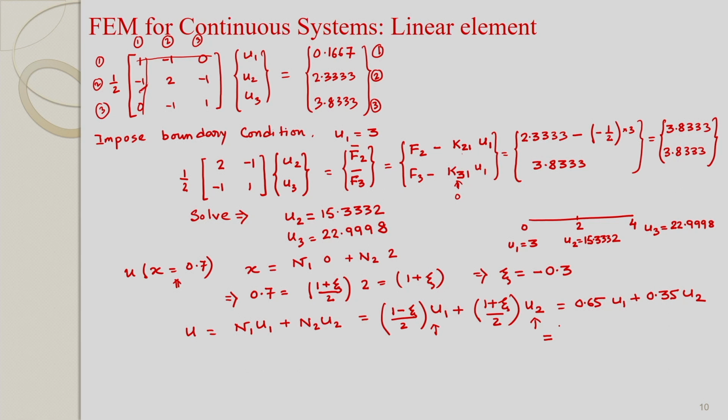Now, if you put in these values of u1 and u2, this will be 7.3166. Thus, the value of u at x equal to 0.7 is 7.3166.